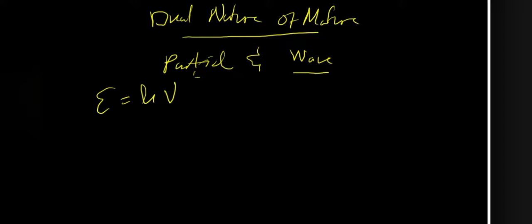Now for particles, Albert Einstein came to say that energy can be related to mass and the speed of light squared. So that is Albert Einstein. And we know that anything that has got mass is a particle. So we are seeing energy there and we are seeing energy there.